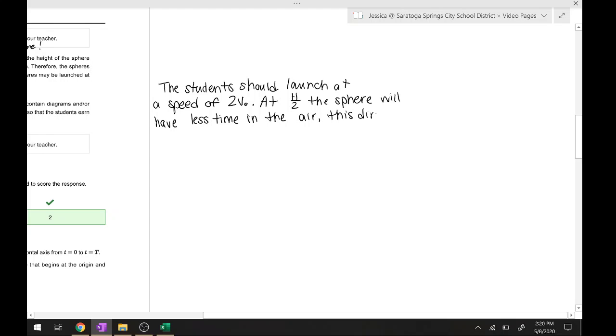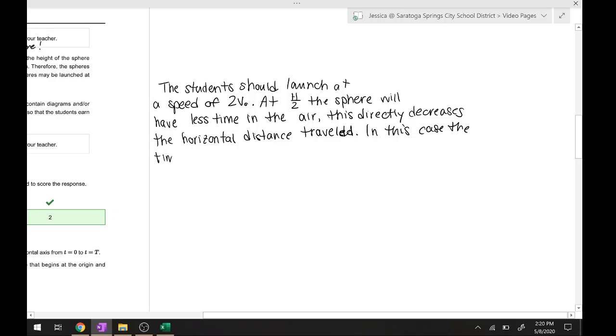This directly decreases the horizontal distance traveled. In this case, the time changes by square root of 2.